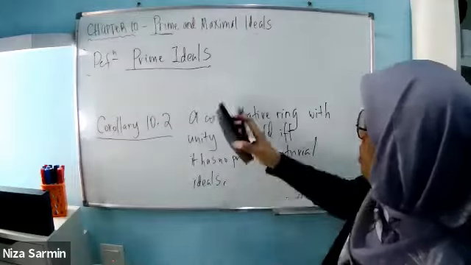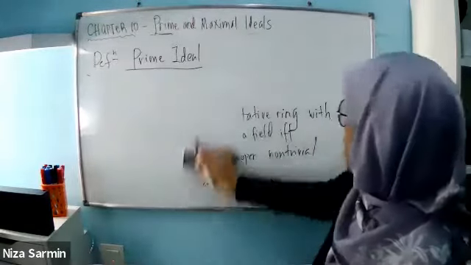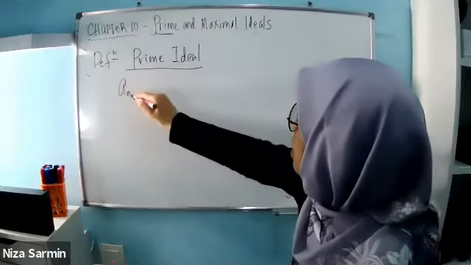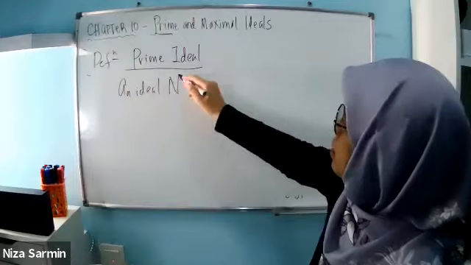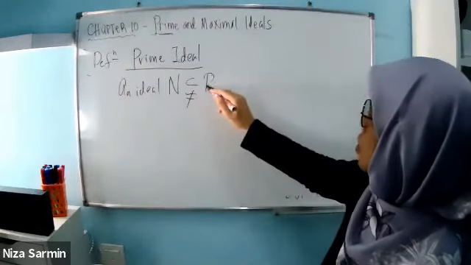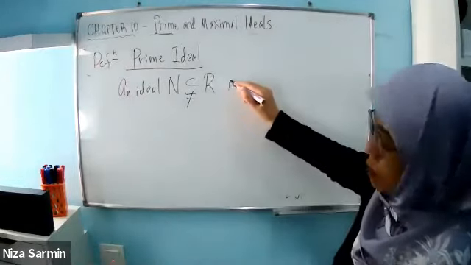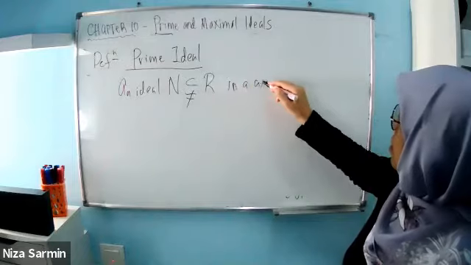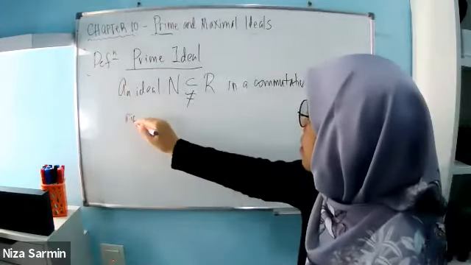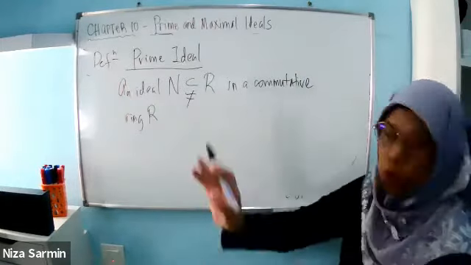Okay, just do with the singular prime ideal. An ideal N, we don't want it to be equal to the whole ring, so just a proper subset, in a commutative ring R. So it cannot be equal to the whole thing, right?